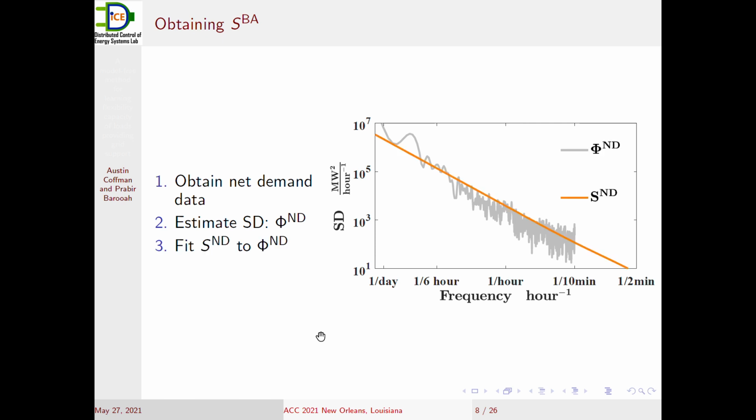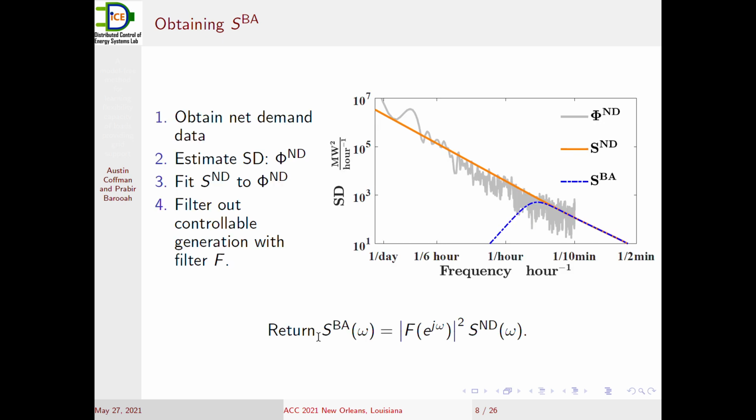It could then fit a parametric model, here an ARMA model, to this curve. And to figure out what SBA is, it could simply filter this parametric model. So the idea is anything that is not underneath the blue curve is then handled by other resources, like controllable generators, other classes of flexible loads, and so on. But the idea is that SBA is now the analog.